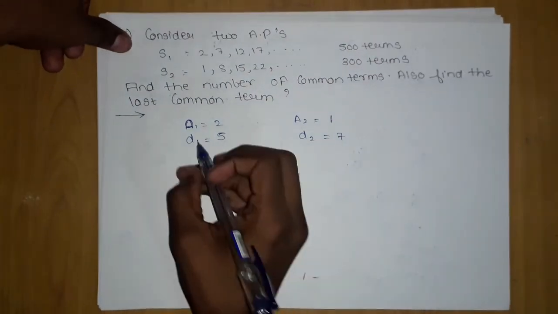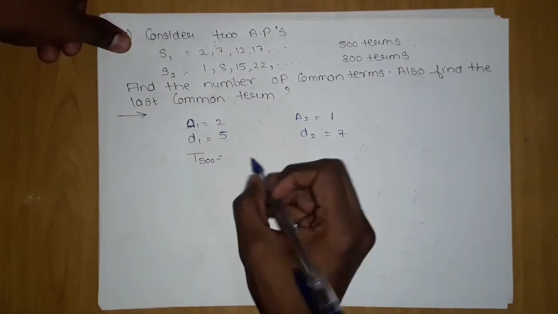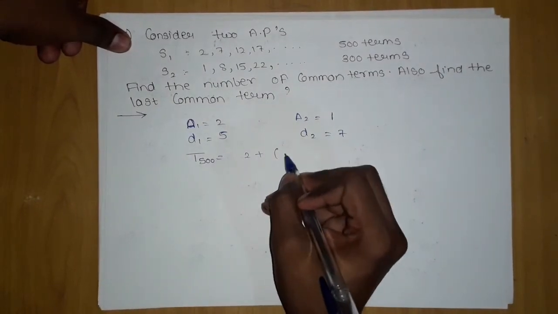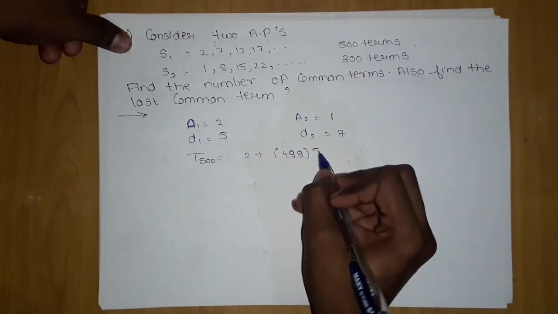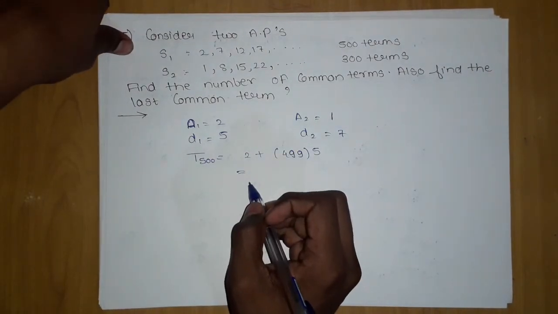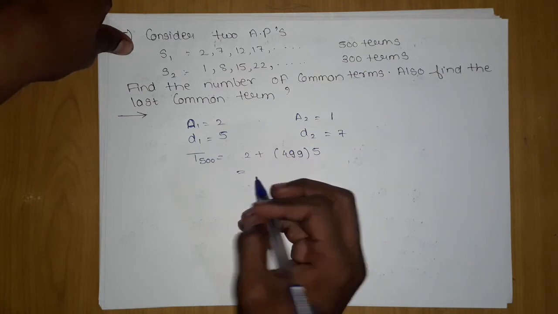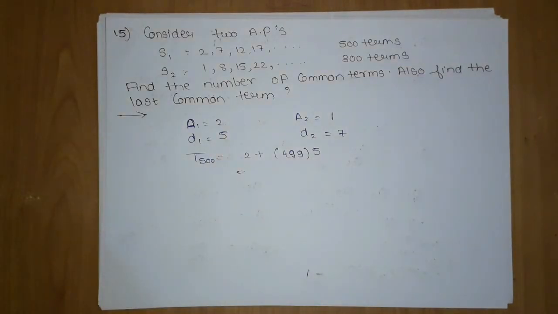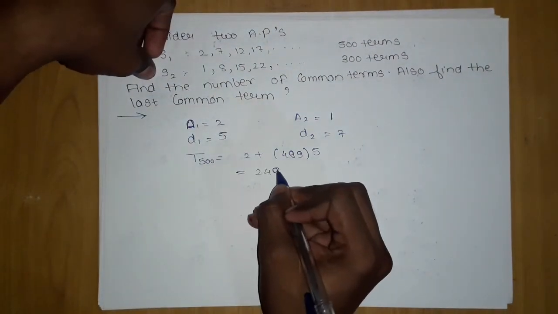Now the first sequence has 500 terms. Let's find T500. T500 will be 2 plus 499 into D, where D is 5. If we calculate this, we get 2497.